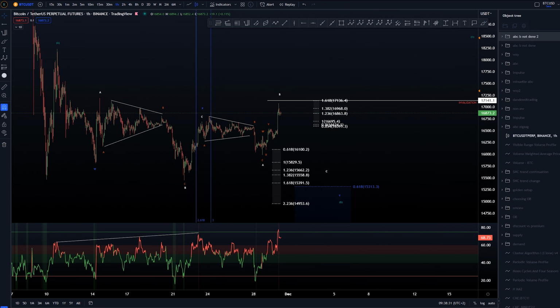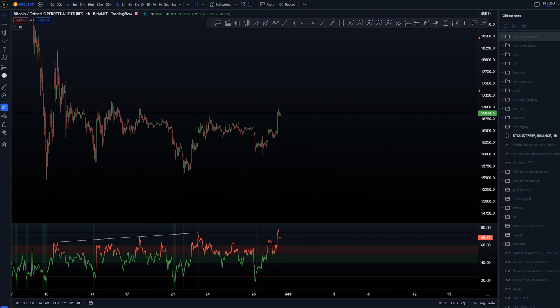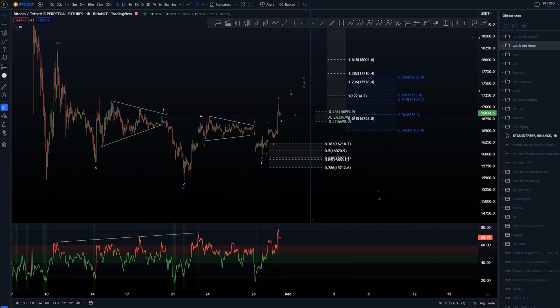So yeah, that is that. So again, I think that is all of the scenarios. I'm still going to hold them on the charts, although some of them are not that likely to happen, but again, you never know.